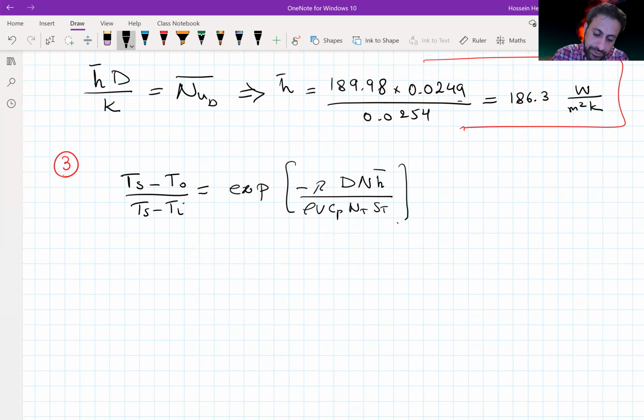And these properties are at free stream temperature.